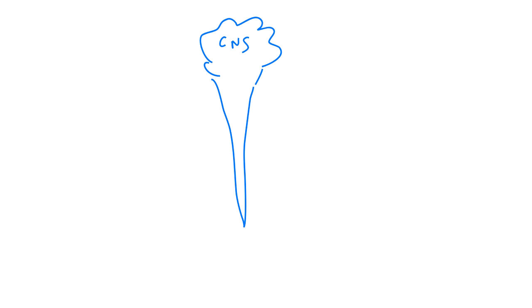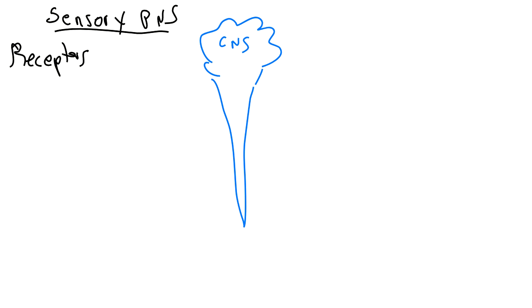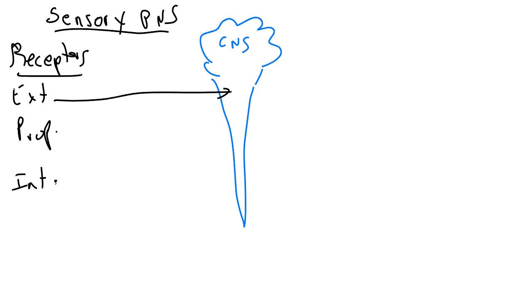The peripheral nervous system collected information via the sensory branch, the sensory PNS, which collected information from receptors. We talked about receptors as being exteroreceptors, proprioceptors, or interoreceptors. The sensory information collected via these receptors was sent to the central nervous system by nerves.